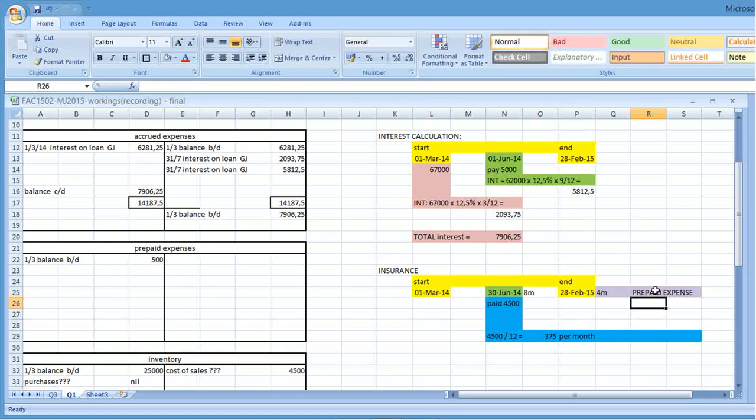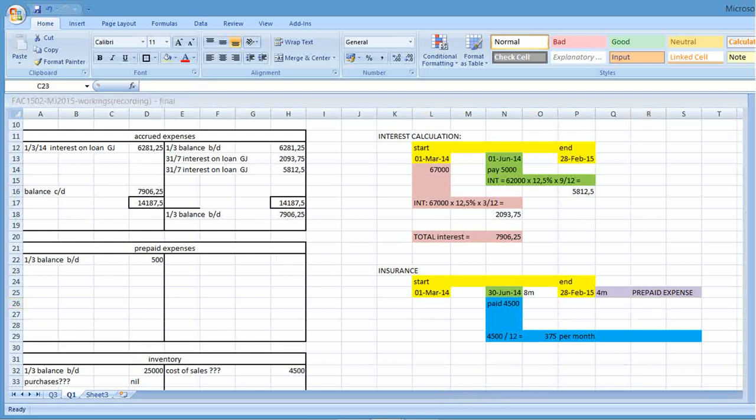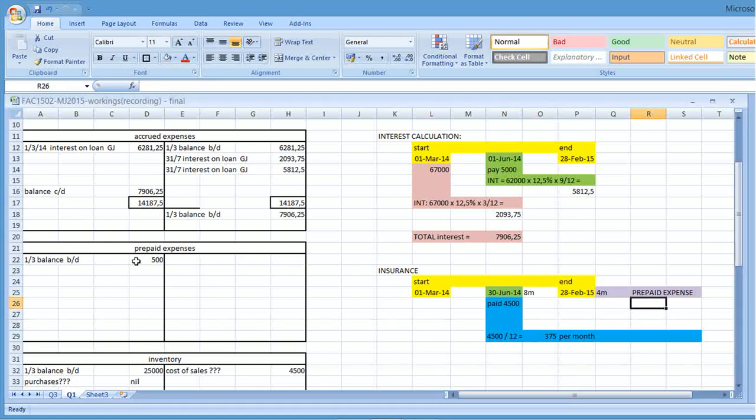A prepaid expense is an asset, so that would affect your T account for the prepaid expense. My opening balance was given in the question as 500. You can obviously see there's a prepaid expense here of 4 months. How much is 4 months? Let's check. 4 times 375 gives you 1,500 as a prepayment.